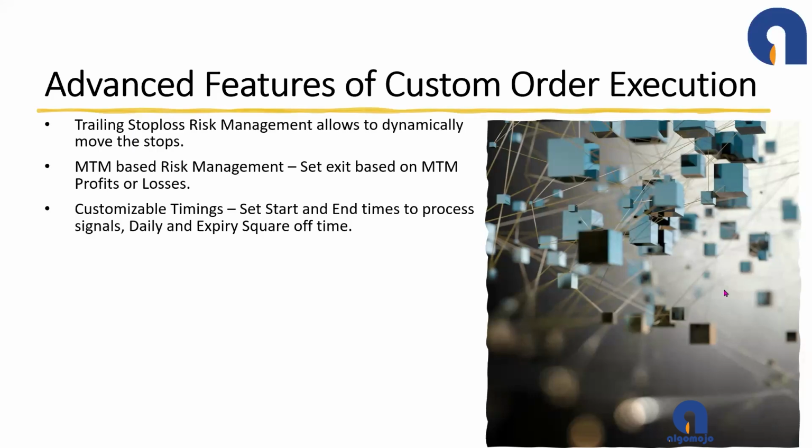Unless you want to change something like the quantity, increasing or decreasing it for each of the child accounts, you will not need to modify. Otherwise, most of it is a one-time setup done both in Algomojo and in TradingView or Amibroker.